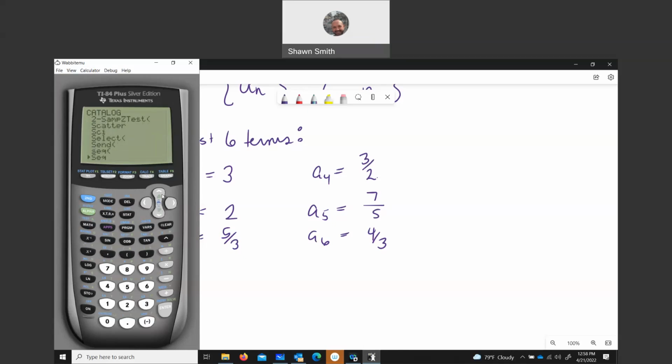SEQ stands for sequence. It's already in parentheses because we have to put some parameters in there. So we can hit enter on that. The sequence is the formula that is given there. We had x plus 2 divided by x. So our entire numerator needs to be in parentheses: x plus 2, divided by x. Not times x, divided by x. And then I put a comma. And that's the formula.